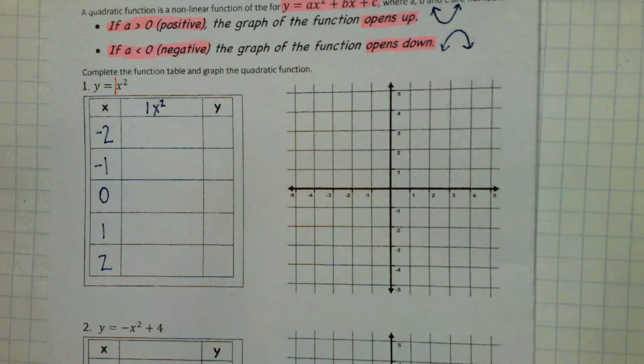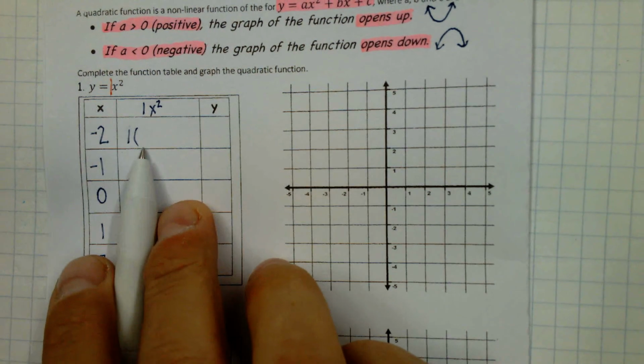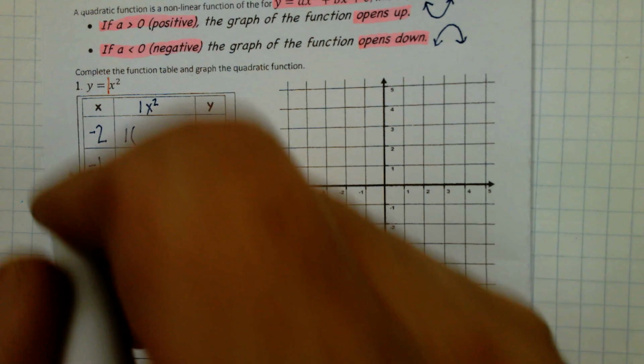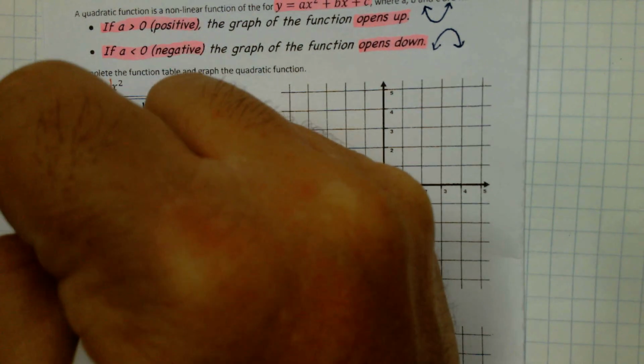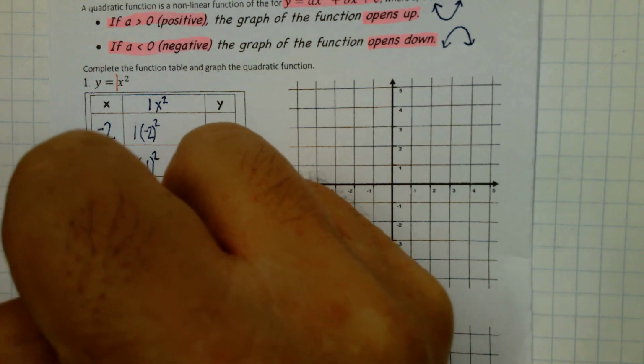You'll see why in a moment. So we're going to do 1. In this case, because it's a function table, we're going to replace x with whatever the number is in the function, negative 2 squared. Then we're going to do 1 times negative 1 squared. And then 1 times 0 squared. And then we'll do that with each of these.